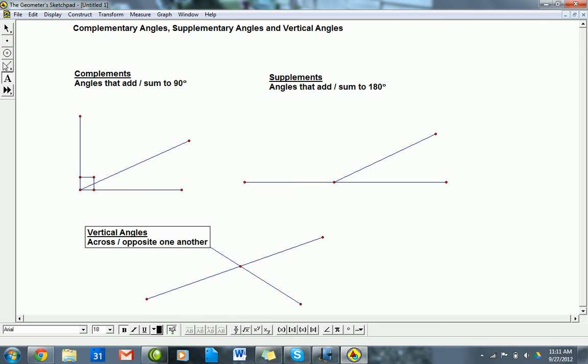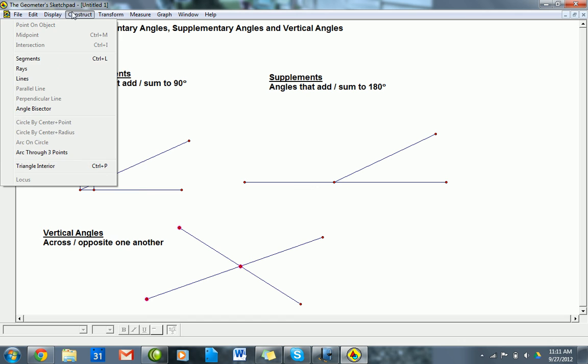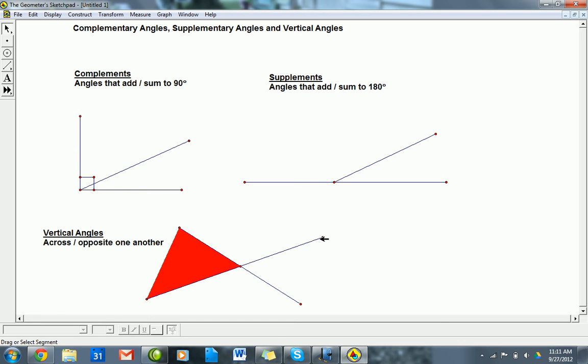So for example, let's use this diagram here to the right. This angle here is vertical to this particular angle, and I'm going to make that a nice color here. And I'm going to make this angle, its vertical angle, the same color. Make it yellow.